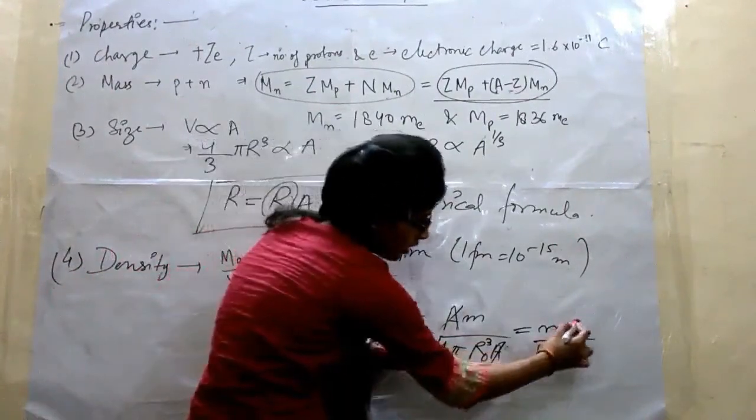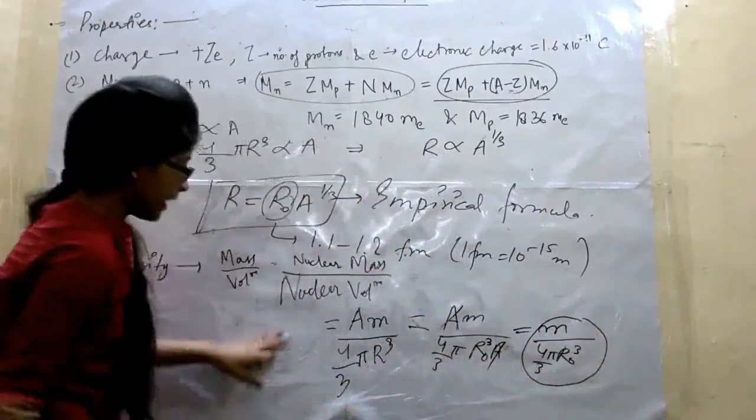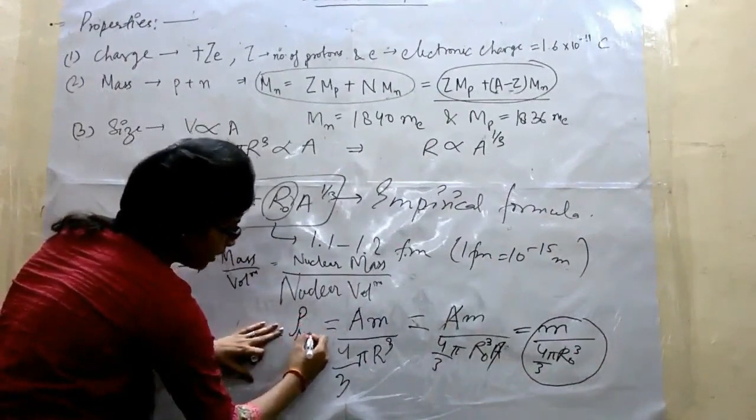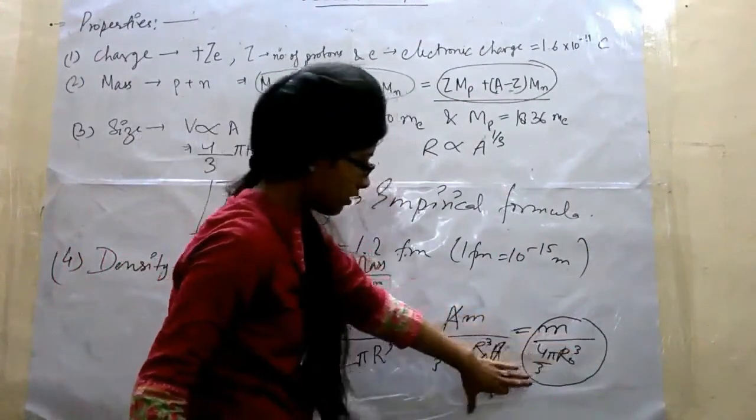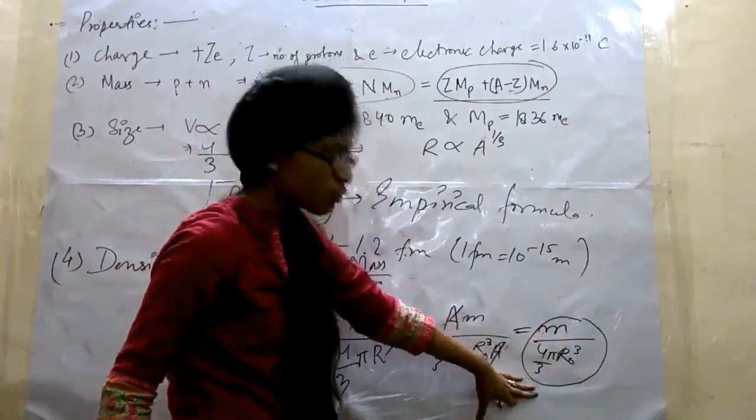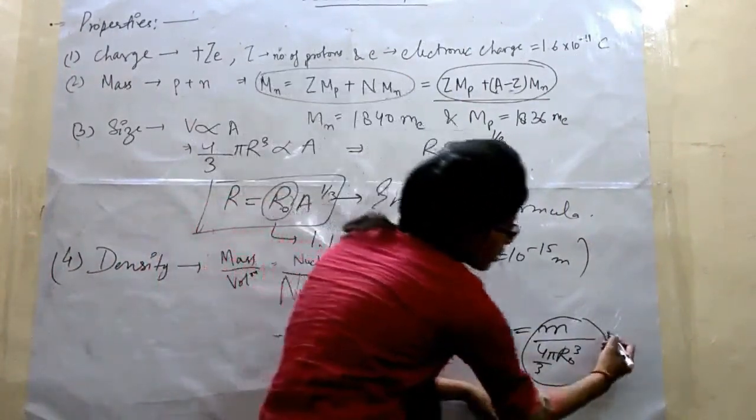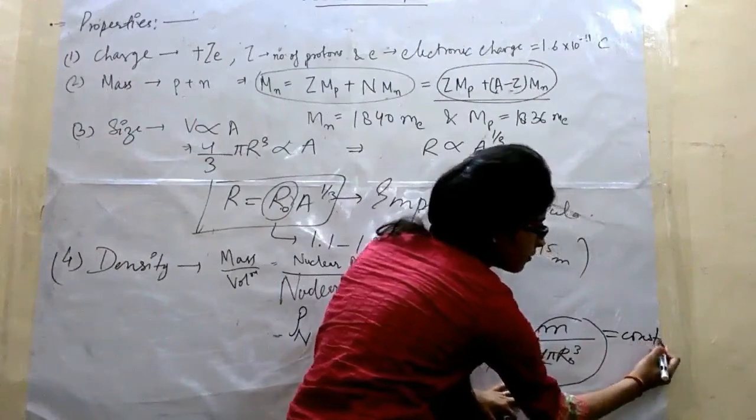You can see here the density of the nucleus is independent of A. We are not having any term related to A over here, and this whole term is constant.